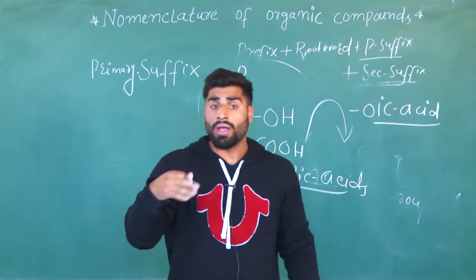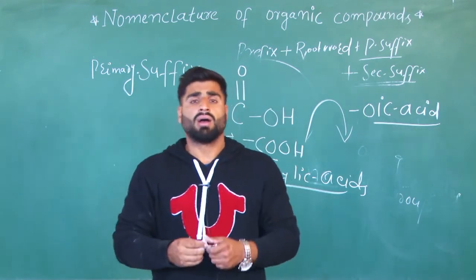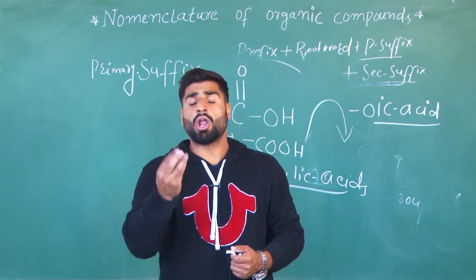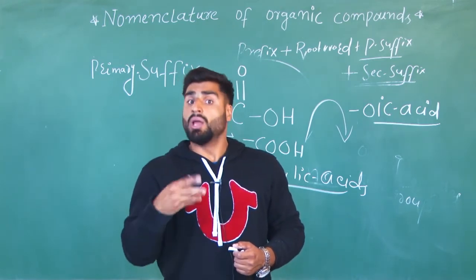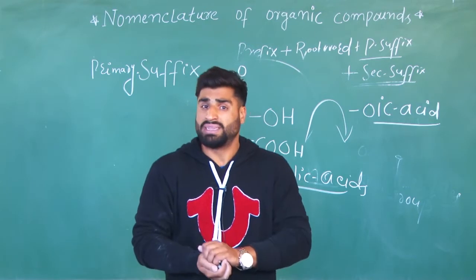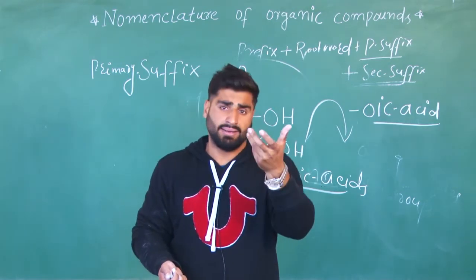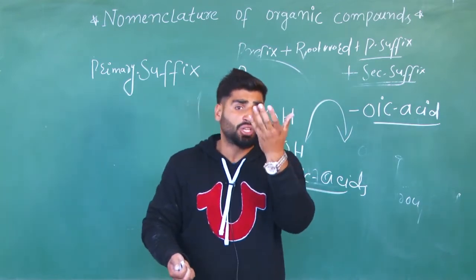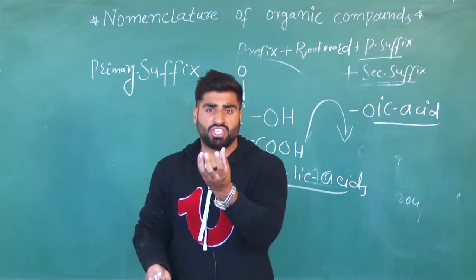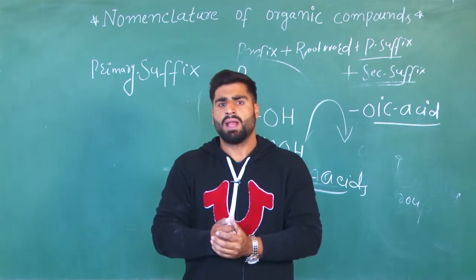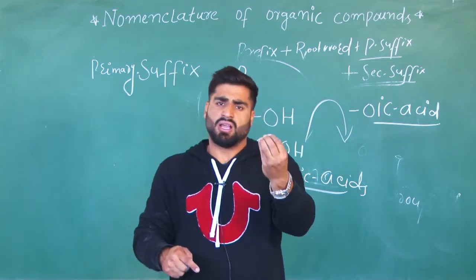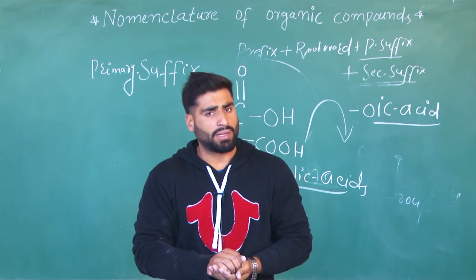Again, I am repeating, -oic acid. You might have heard about ethanoic acid, propanoic acid, butanoic acid. So all these compounds where we use -oic acid have the functional group COOH in their structure that determines its physical as well as chemical properties.